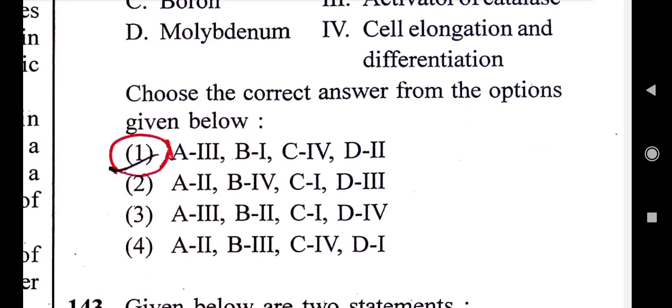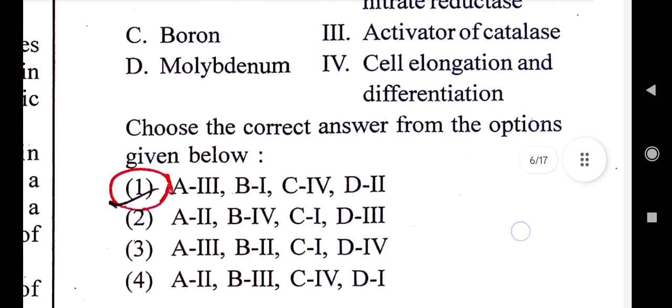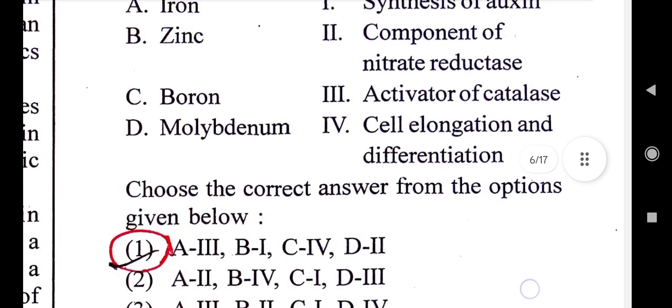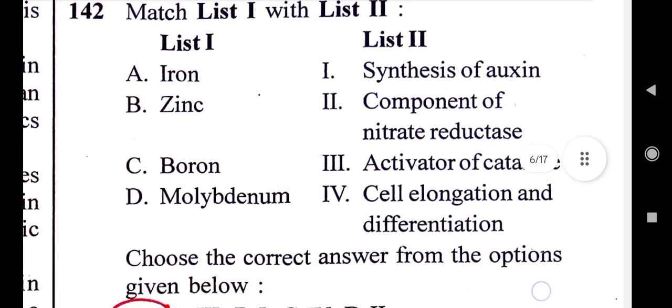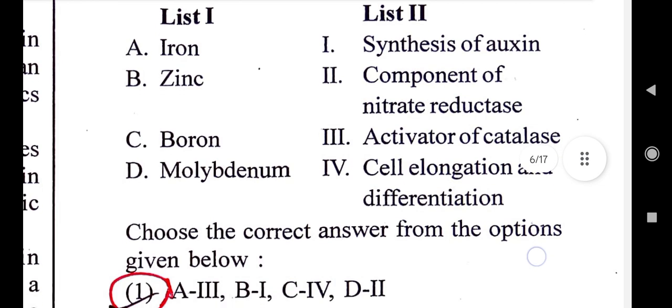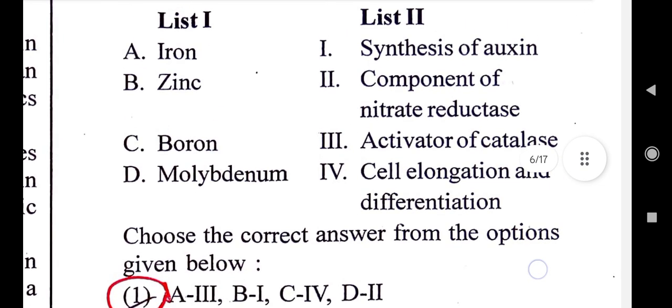Option 1 is the correct answer, A3 B1 C4 D2. So if you match the above combinations, you will get it like this. Option A, iron, matches with activator of catalase.